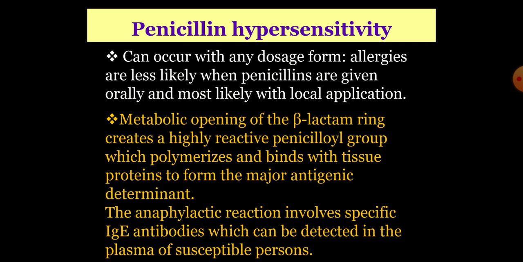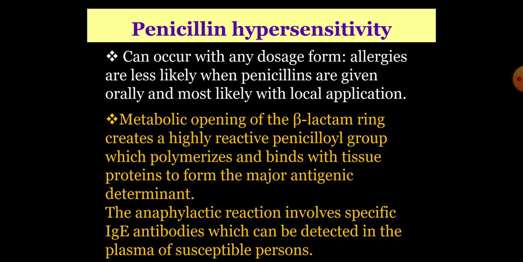Now, why is it happening? It can occur with any dosage form, as I said, but orally probably it is seen in the least number of cases, and most likely it is seen with local application. It's a metabolite present in the penicillin.